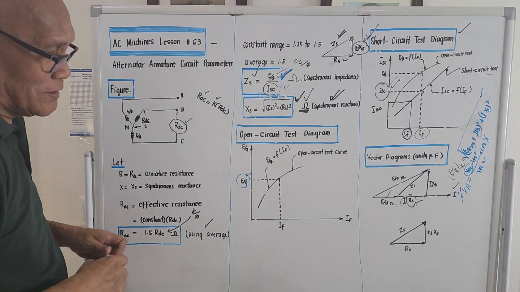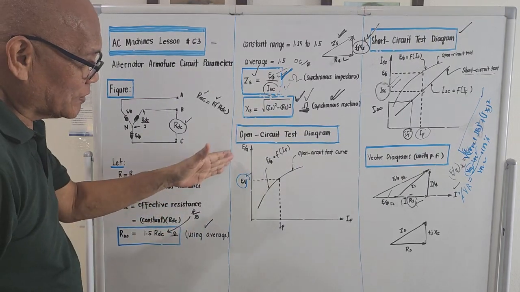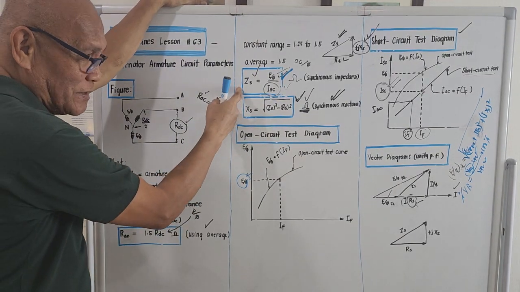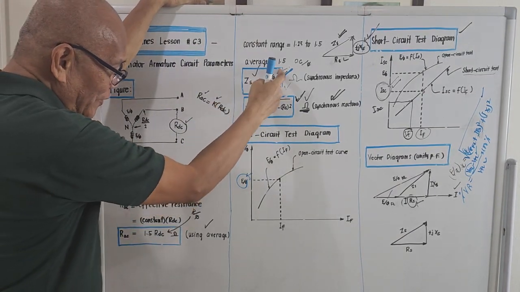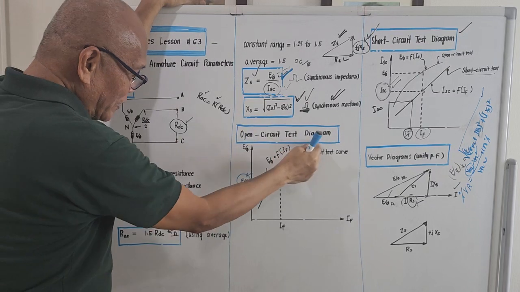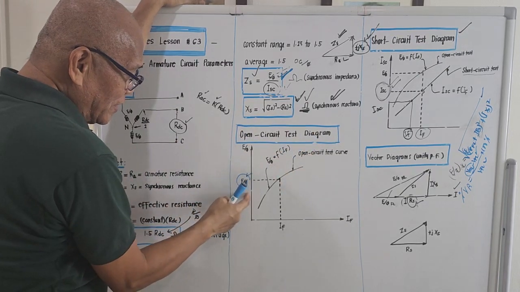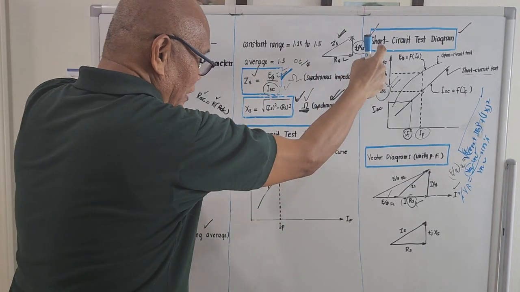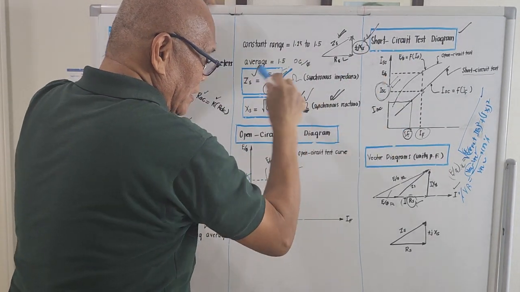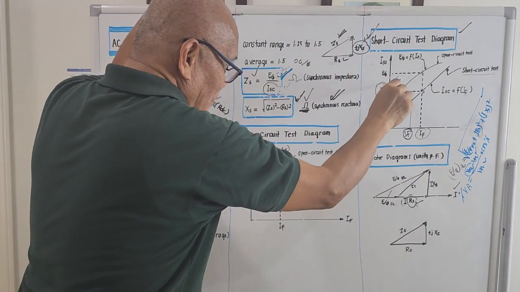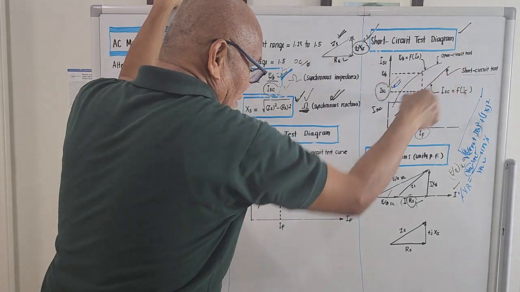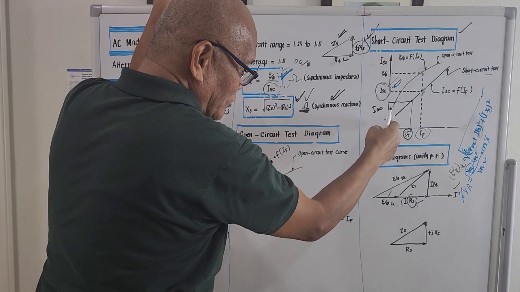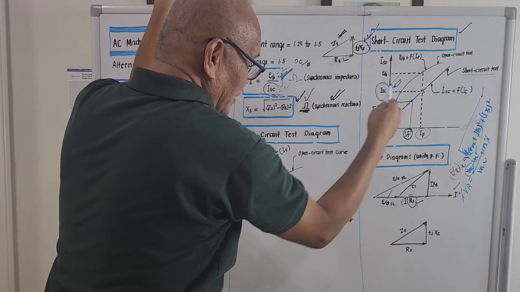So it is important that we perform the open circuit test and the short circuit test in the computation of the synchronous impedance. This voltage per phase emanates from the open circuit test, and this short circuit current emanates from the short circuit test, from this graph, the straight line. Actually, this is now a combination of the short circuit and open circuit test.